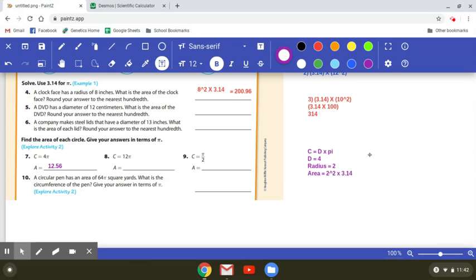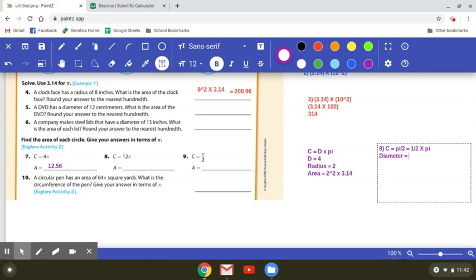Let's do number 9. So we see that on number 9, the circumference is equal to pi divided by 2. That's the same as saying 1/2 times pi. Right? So just like this, 1/2 has got to be representing the diameter.